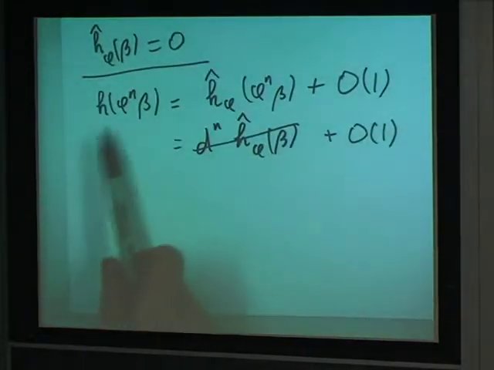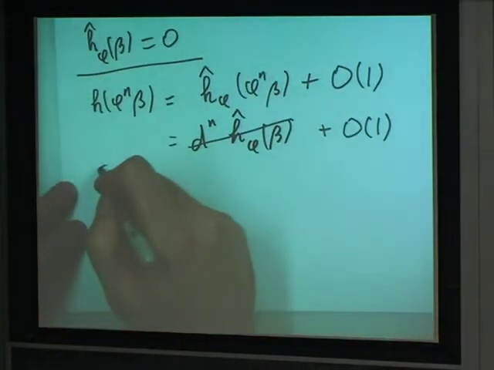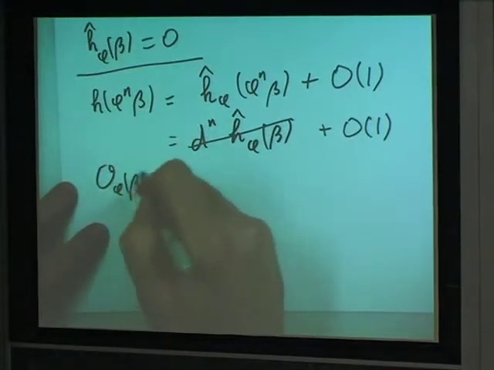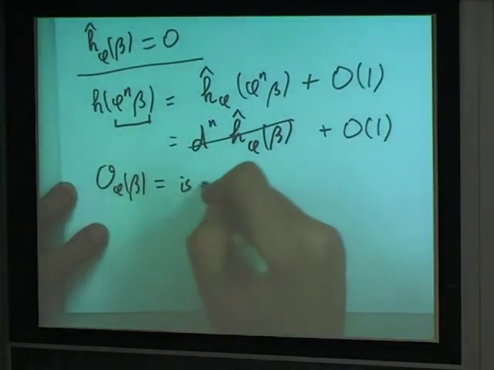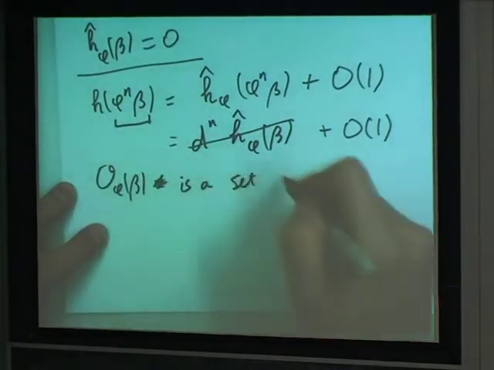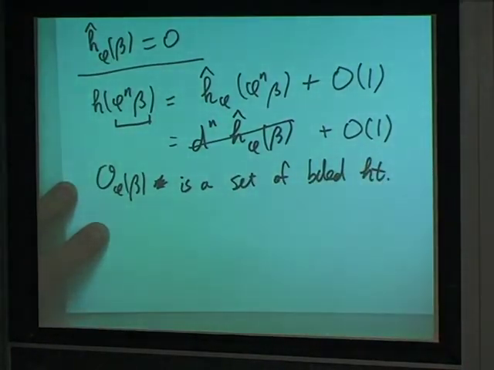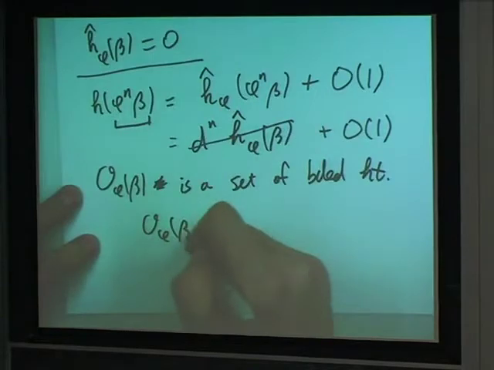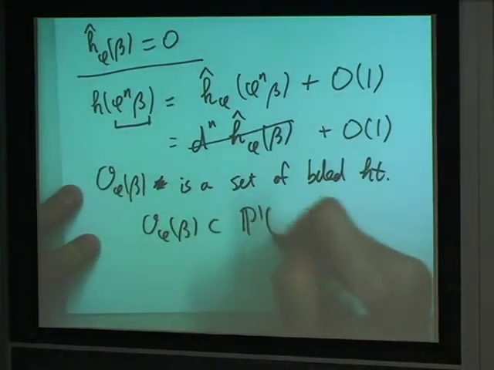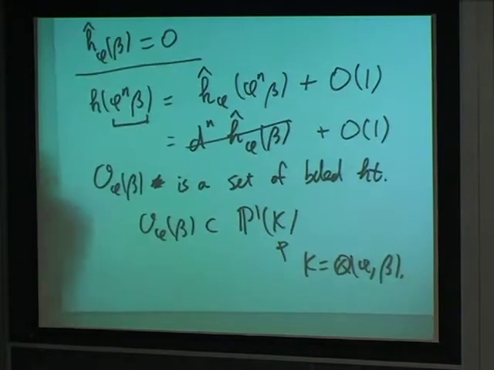But I'm assuming that the canonical height is 0, so this term just goes away. So what we get is that the height of phi to the n of beta is bounded independent of n. So the orbit, the phi orbit of beta, which is just all of these points, is a set of bounded height. But all the points in the orbit are also contained in some number field. I mean, these are in P1 of k for some number field k. For k, you can take the field generated by the coefficients of phi and beta, right?